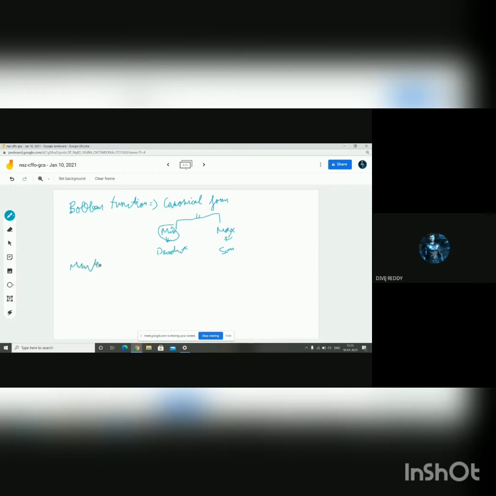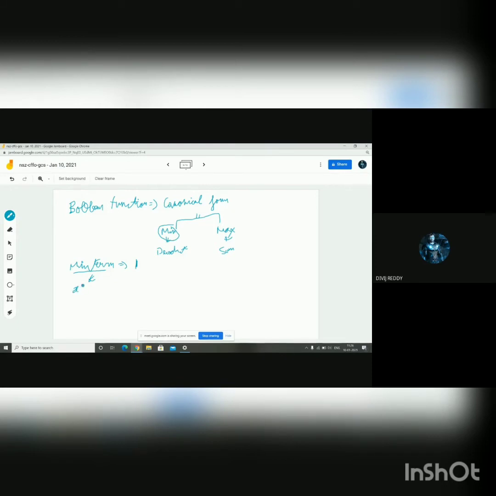In minterm, we take the product of the terms, and the product of the terms should finally give us 1. We look for the functions where the output is 1. For a minterm, each of its terms should have 1, and then we take the AND operation of it.